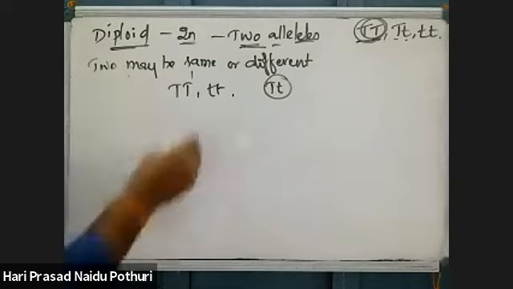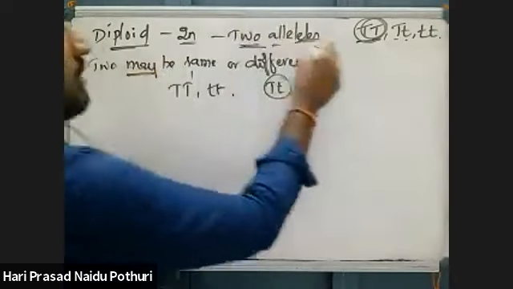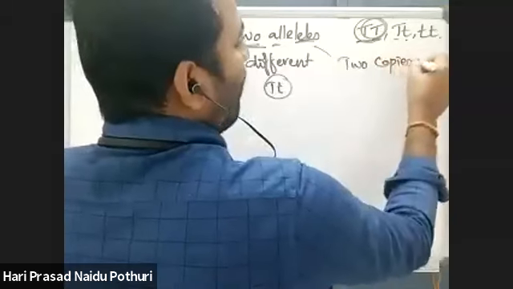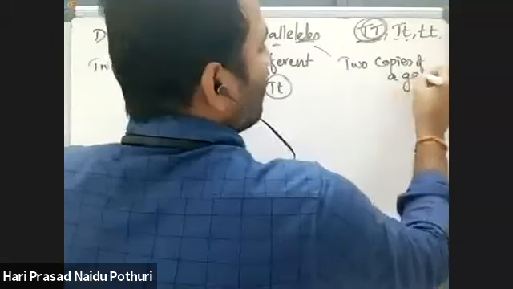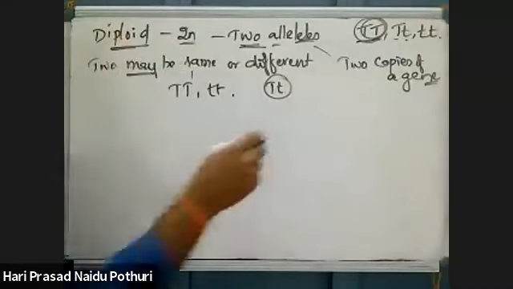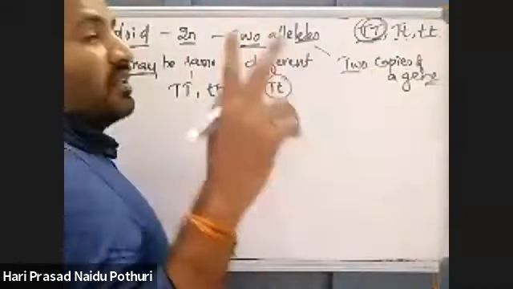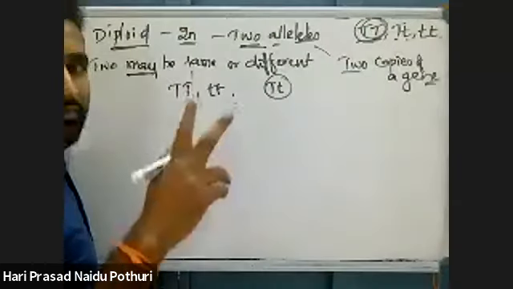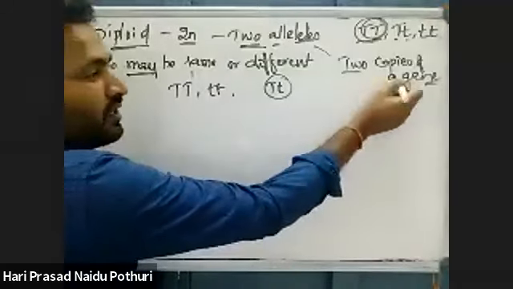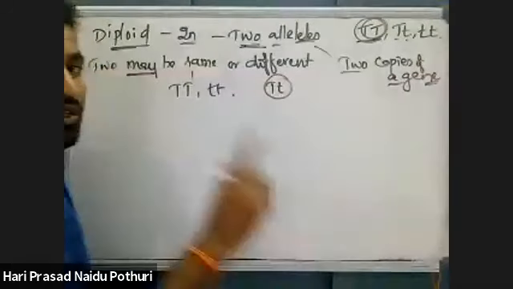Now, these 2 alleles are nothing but 2 copies of a gene. A gene is there. One gene has 2 copies because each chromosome has a copy. I mean, each chromosome is present in a pair, so that every gene has 2 copies.